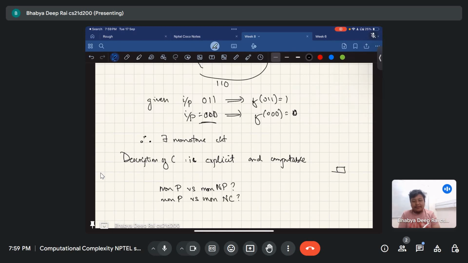What are the answers here? Well, this one was resolved by Karchmer-Wigderson around 91, I think. There's an older proof by Razborov or something like that, and I think there's an alternate proof too. But monotone P versus monotone NP is still not answered.